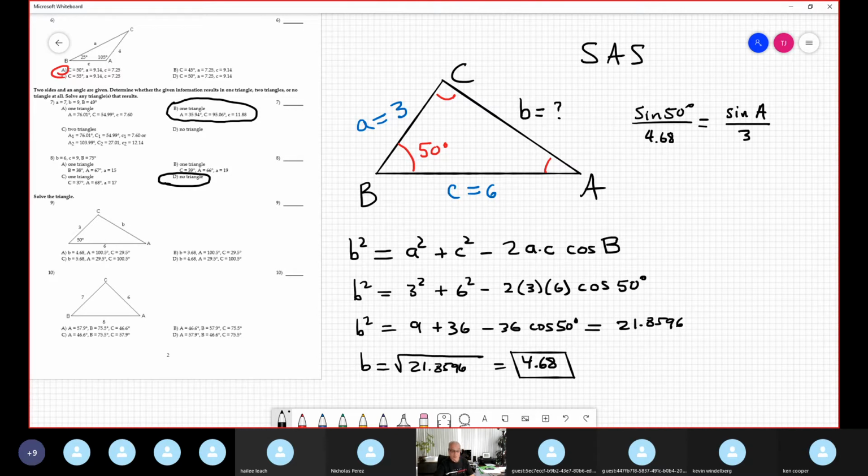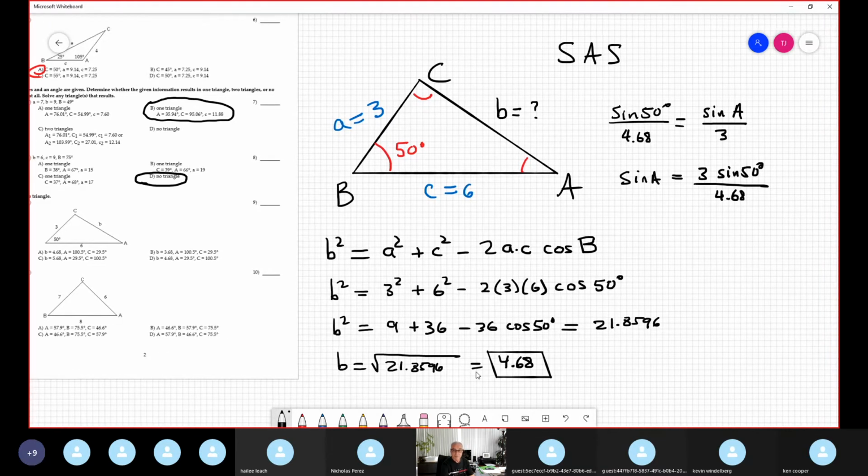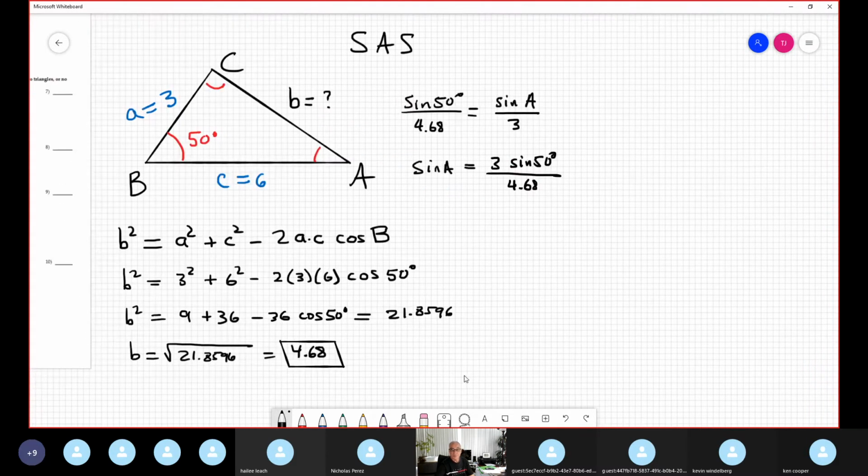Now cross multiply: sine of A is 3 times sine 50 divided by 4.68. I put it in the calculator. The answer is 0.491. Oh, nice. It's in between 1 and -1. Remember, that value should be between -1 and +1. Otherwise, outside this interval it is undefined.